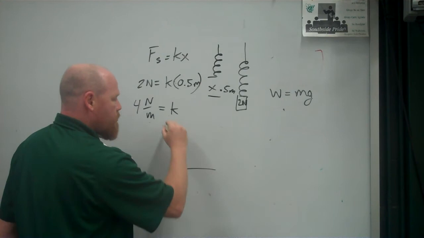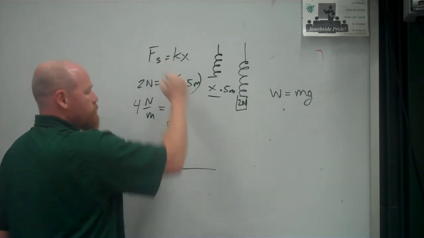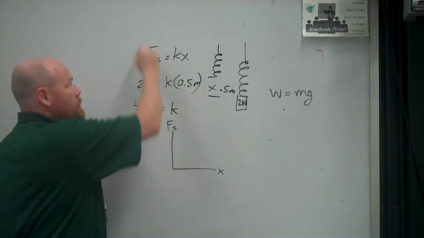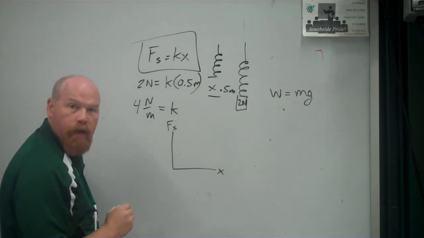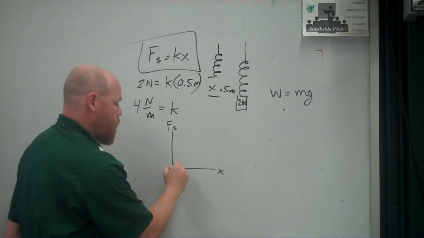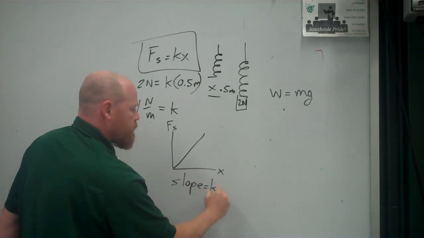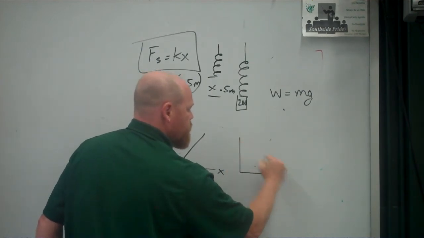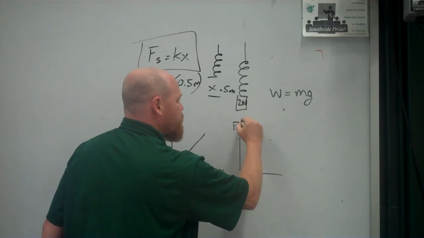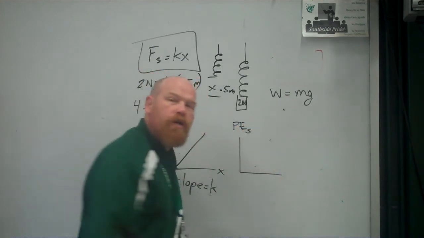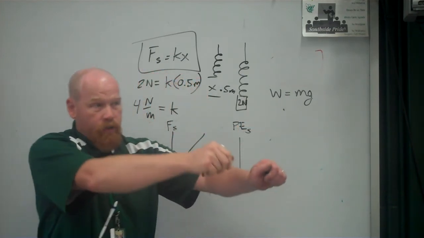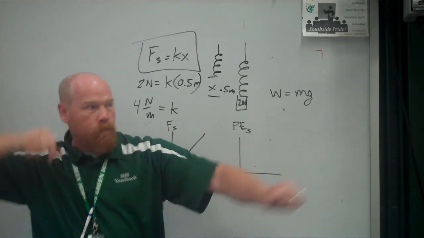Question: what would this graph look like? This is force of a spring versus x. Based on this equation, what would the graph look like? Yep. And the slope of the graph is k. There's another equation that goes along with this graph. Potential energy: when you do work on a spring, you put potential energy into it. You take a slingshot, thump, okay?